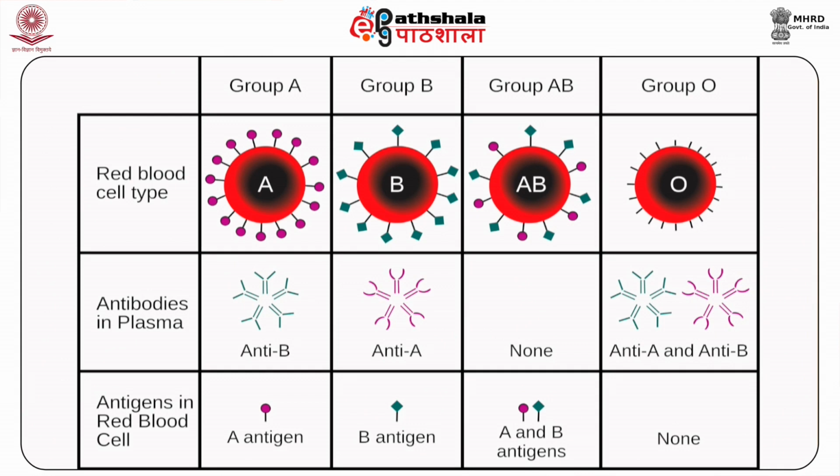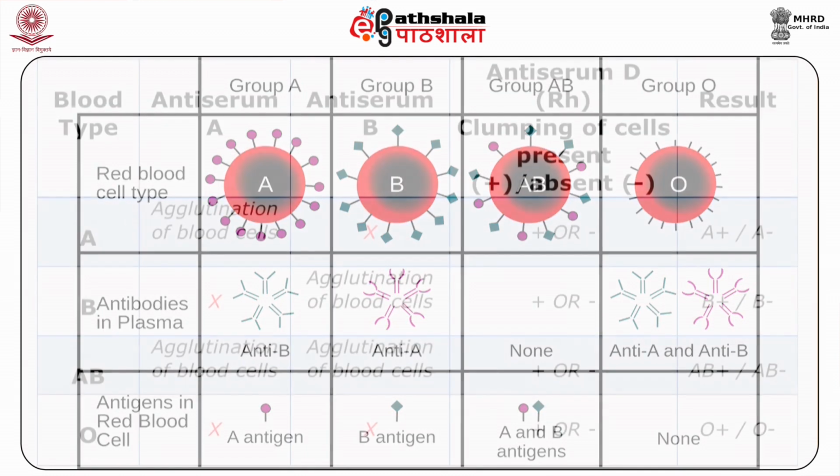On adding a foreign antigen, here antiserum, the antibodies present in the sample will show rejection, resulting in the clumping of blood cells. Following this reaction between antigens and antibodies, the blood typing for an unknown sample can be done.